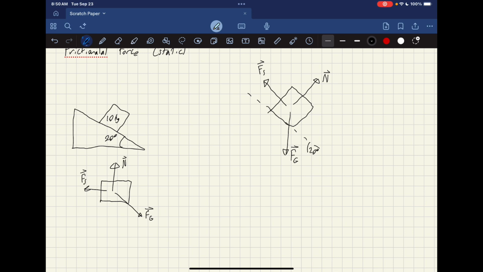We know that from this triangle up here, here is force of gravity, and this is 20 degrees. So since this is 20 degrees, this angle here has to be 70 degrees. So draw this angle as 70 degrees. You can then use that to calculate how much of the gravitational force is in the x direction and how much of it is in the y direction, just from your basic vector analysis.